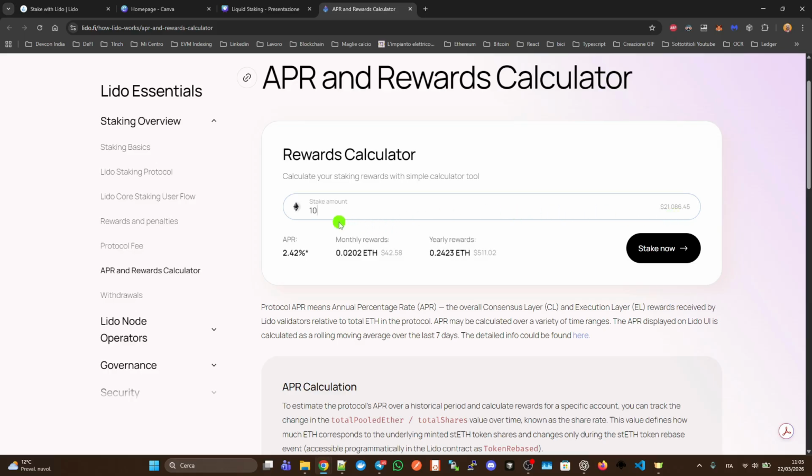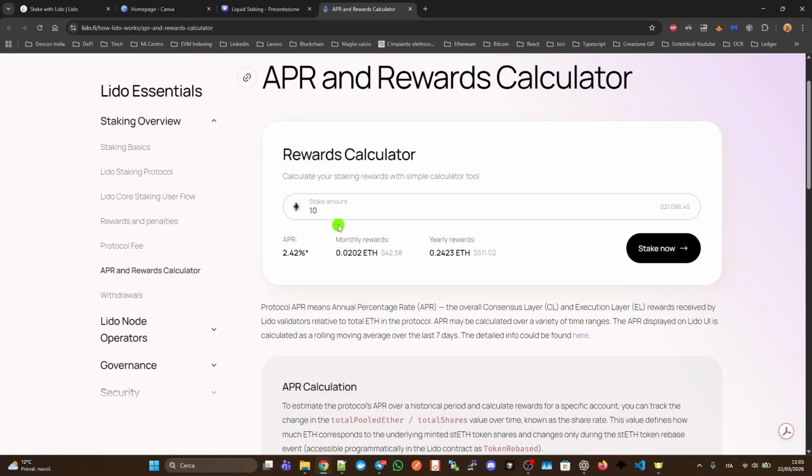If I stake 10 ETH, my APR, which is the annual percentage rate, what basically I gain from staking this Ethereum over a year, is 2.42%.